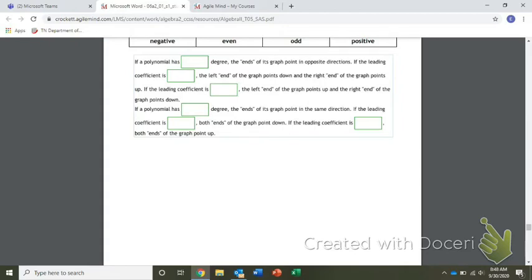So we wrote odd, and then we wrote positive, negative, even, negative, and positive. Okay.